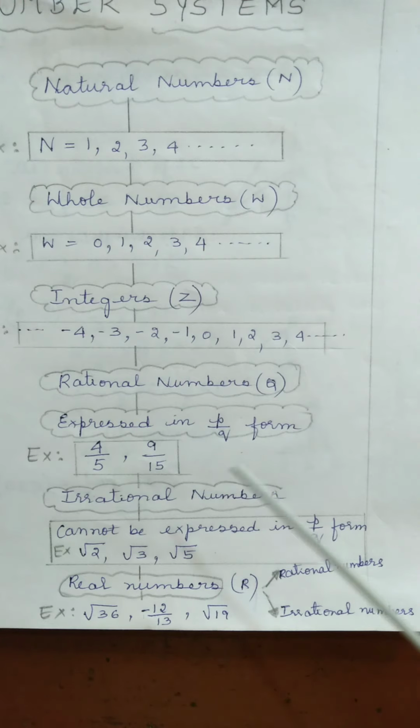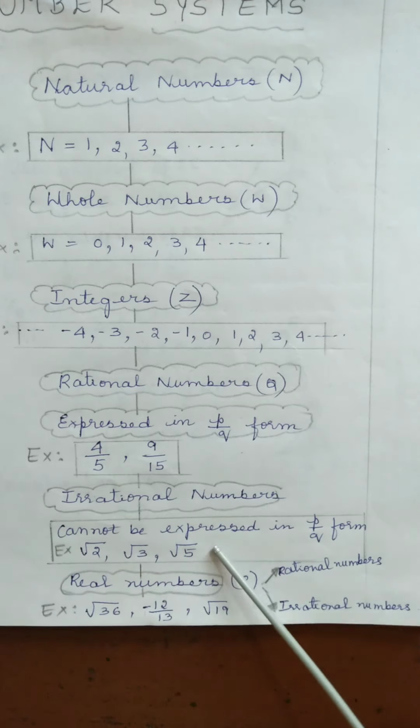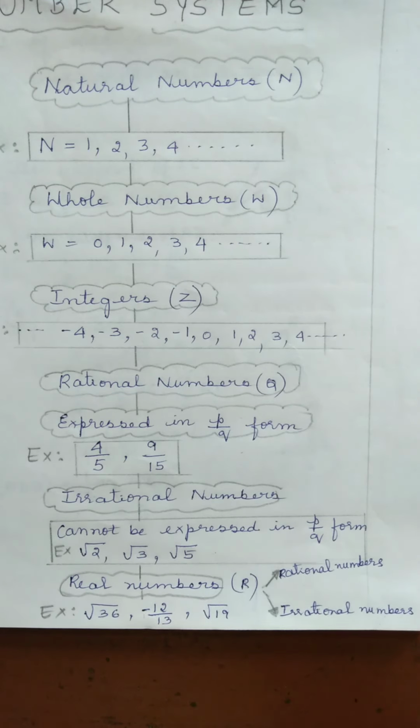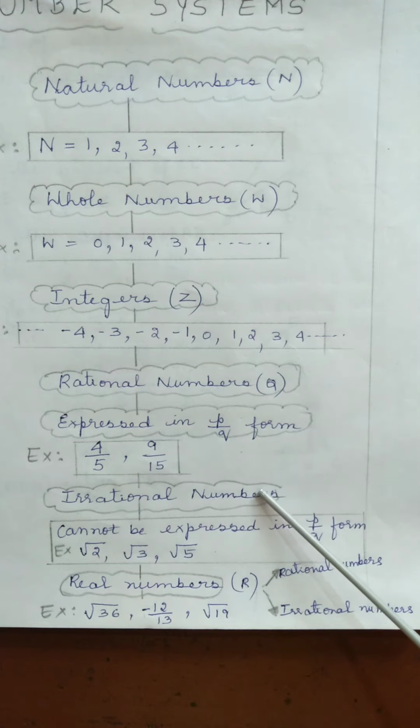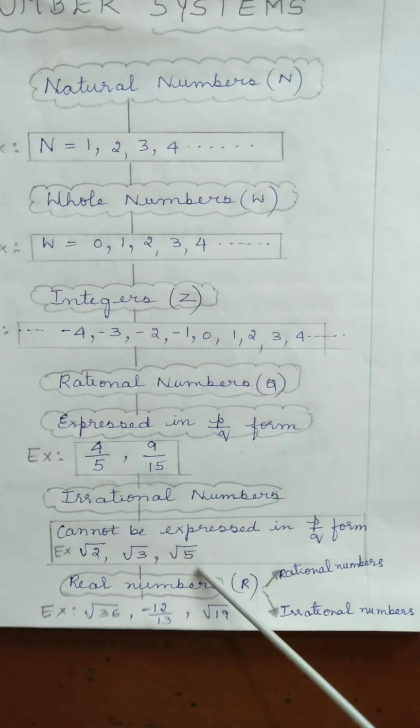Therefore, in an irrational number, we cannot express the number in the form of p by q. We have examples such as root 2, root 3, root 5. These all make up the collection of irrational numbers, which can't be expressed in the form of p by q.